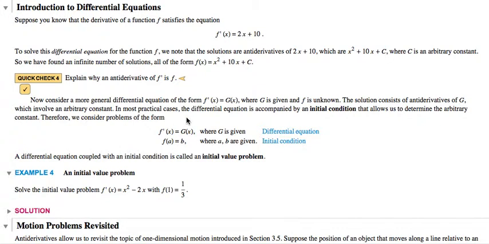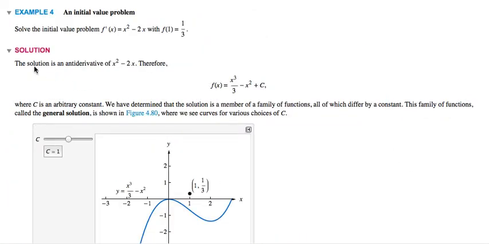Usually, this is going to be accompanied by an initial condition that allows us to determine the value of that constant. So here we want to solve the initial value problem: f prime of x equals x squared minus 2x, where f of 1 is 1/3. So first, we know that the solution has to be an antiderivative of x squared minus 2x.